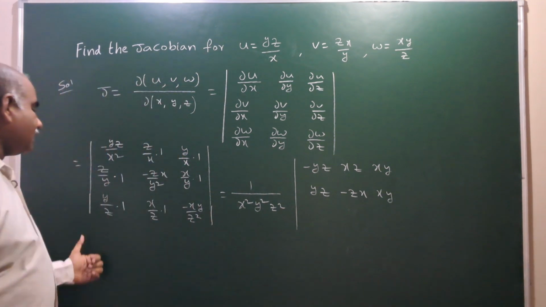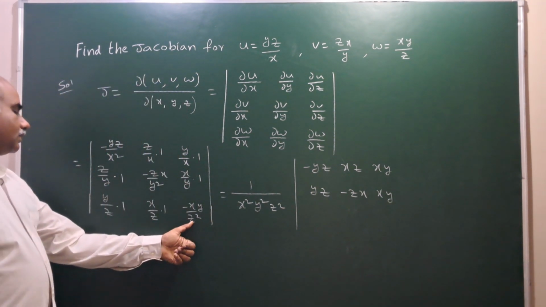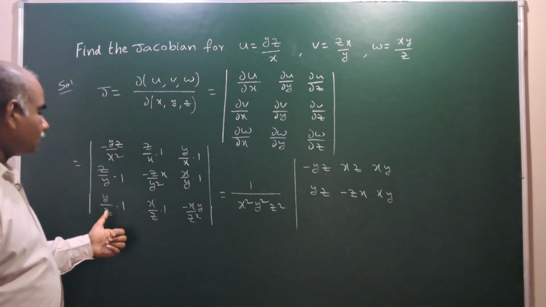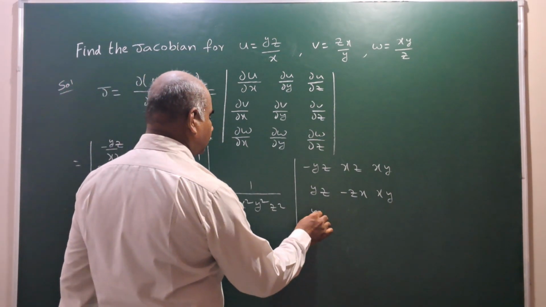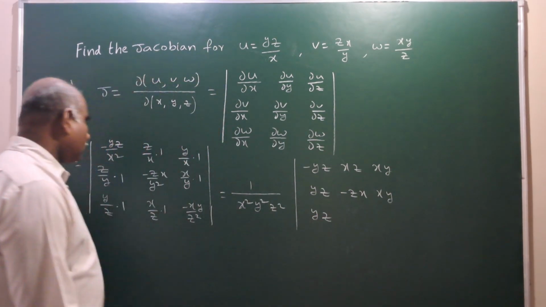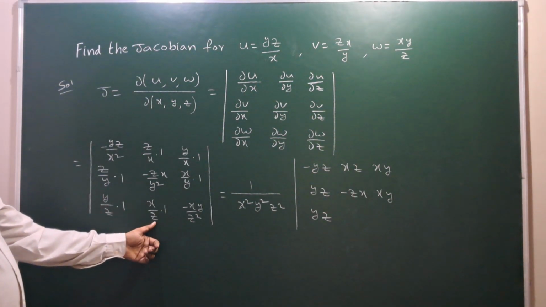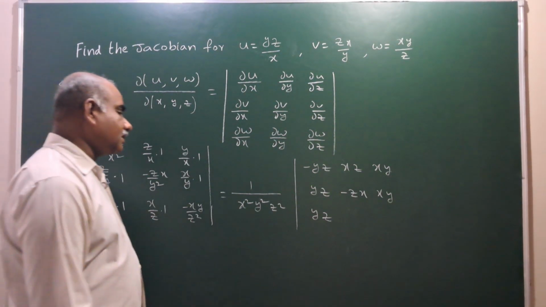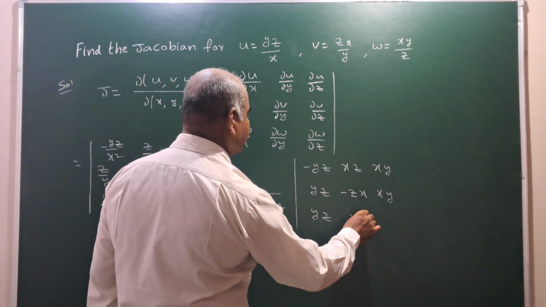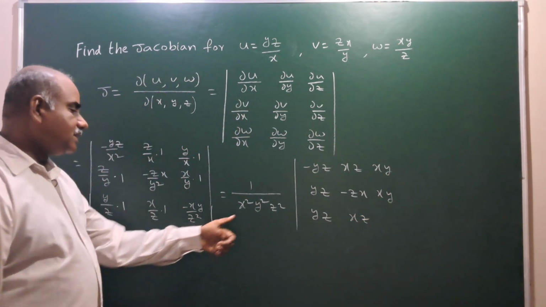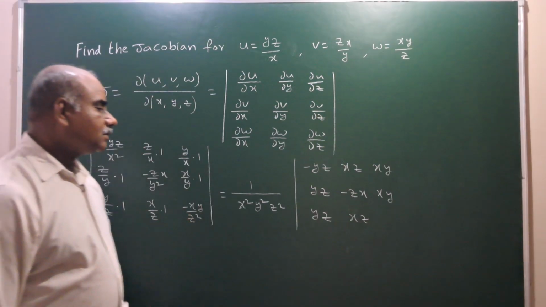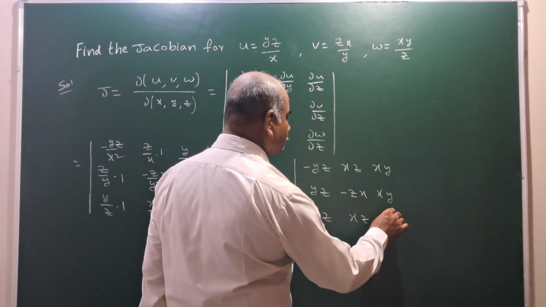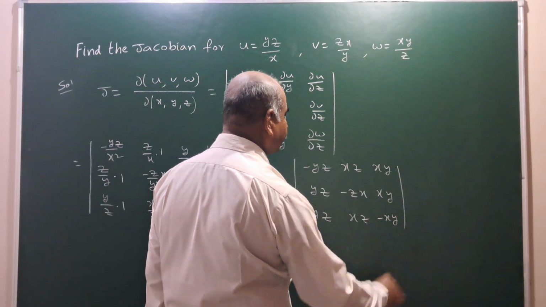In the third row, we take z square as common, but here only one z is there, so this can be written as yz. The second term also contains only one z, so this also can be written as xz. Here z square both coincide, therefore this is equal to minus xy. Okay.